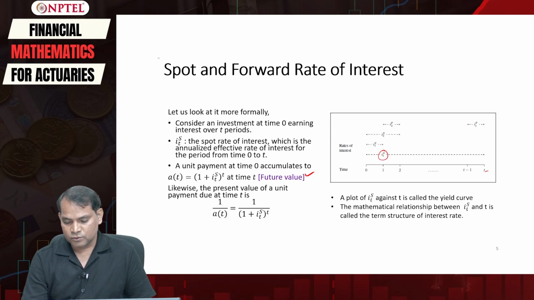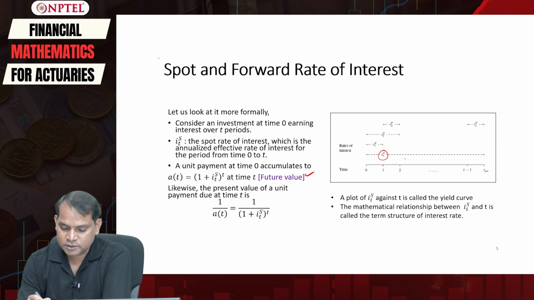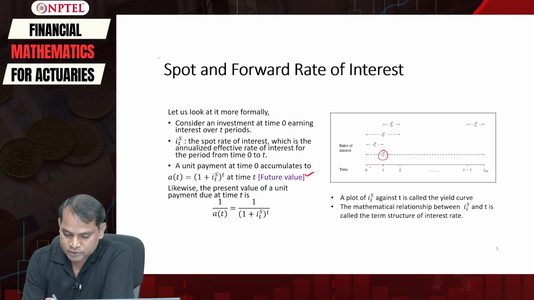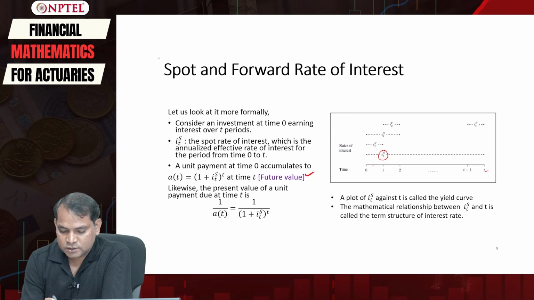Look at the timeline again here. The spot rate for period 1, from 0 to 1, is like here. So it is happening today. A 2-period spot rate is from here to here, which is mentioned here as i_2^S.